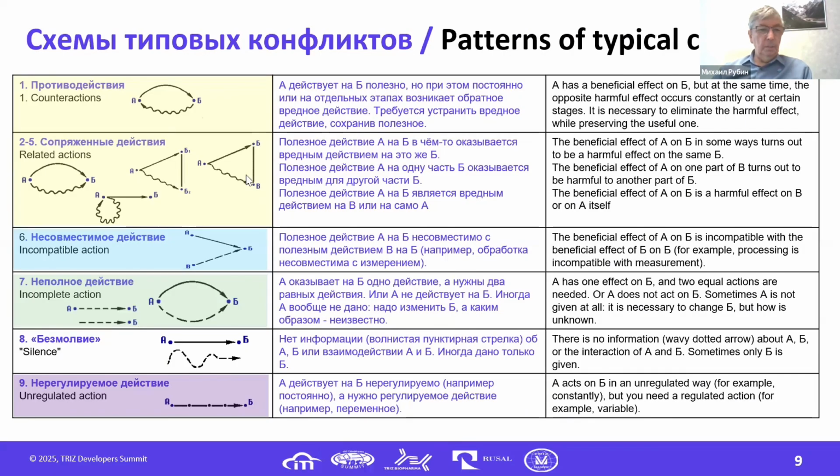For example, one of the elements is the first one, and then one element impacts another, the second element, when there is this counteraction, and there are different variations of these interactions, both good ones and bad ones, good connections versus bad connections. There are incompatible actions when we have those typical conflicts when there are two good functions which cannot be implemented in parallel.